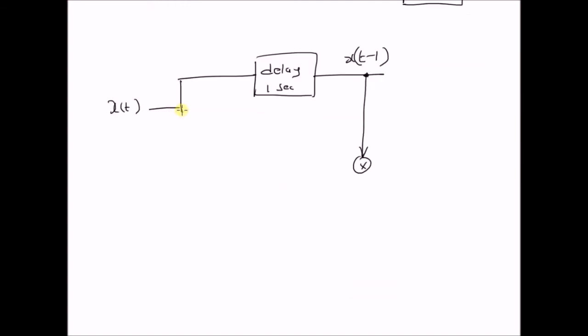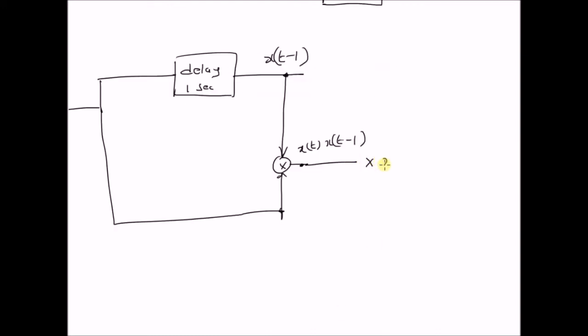Next, we have another input from x of t to this multiplier. So the output at this point is the product of x of t with x of t minus 1. And then we have a multiplier, that is, we multiply with the scalar constant 2. So we have 2 times x of t into x of t minus 1.